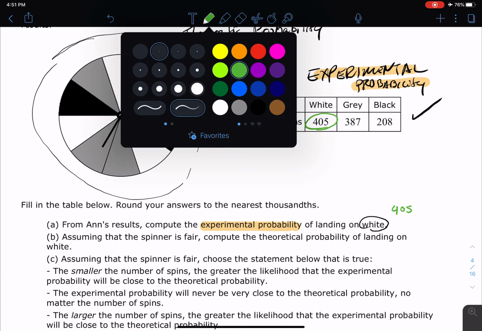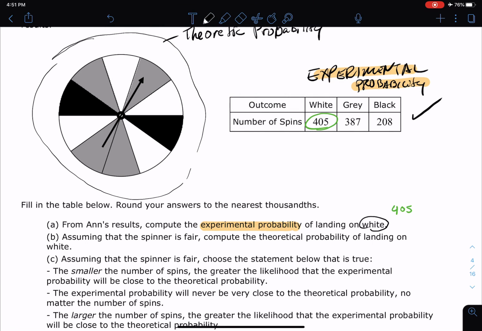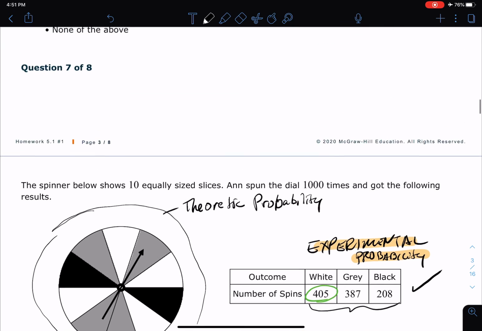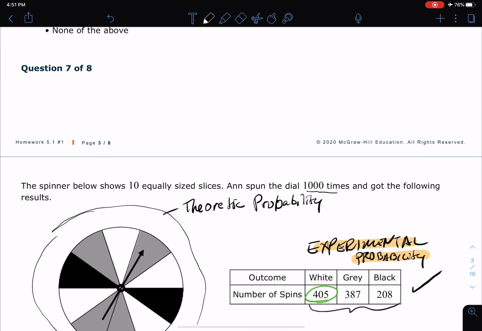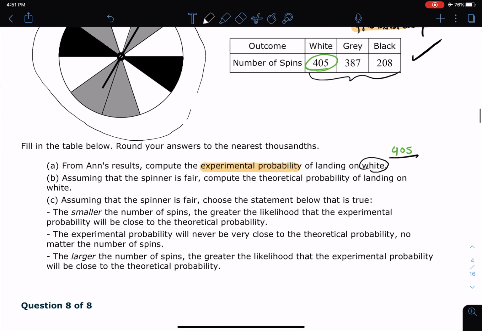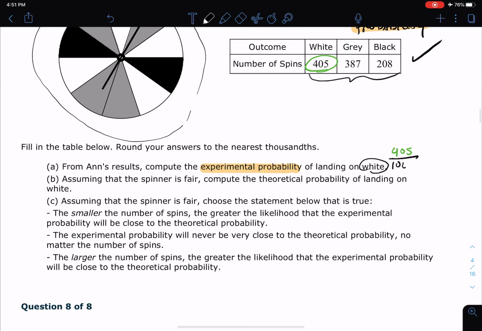Out of a total of how many times they spin in the experiment. When you add up all of the spins, we end up getting 1,000. In fact, they told us that they spun the dial 1,000 times. So this is out of 1,000. So when we divide that, we get a decimal, which is 0.405. It's about 40.5% is the experimental probability of landing on white.